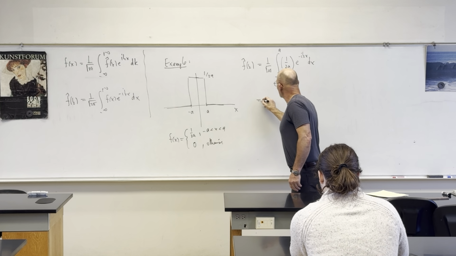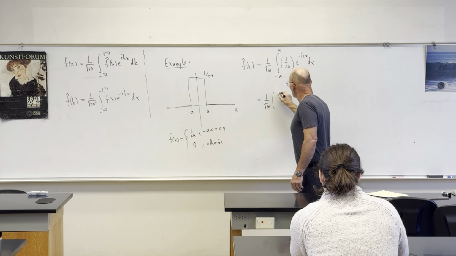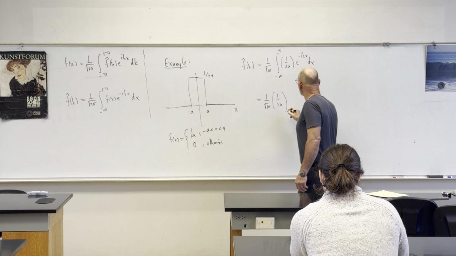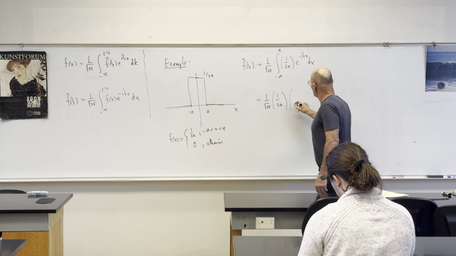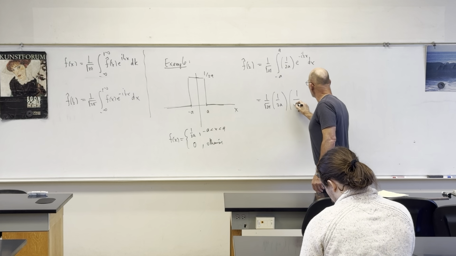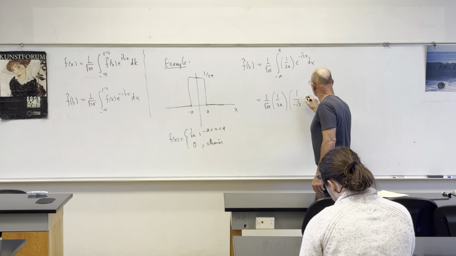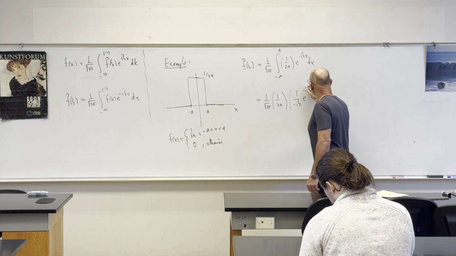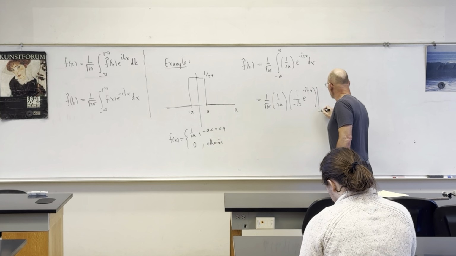So we have 1 over root 2 pi, 1 over 2a, 1 over negative i k, e to the negative i k x, and then I move from minus a to a.